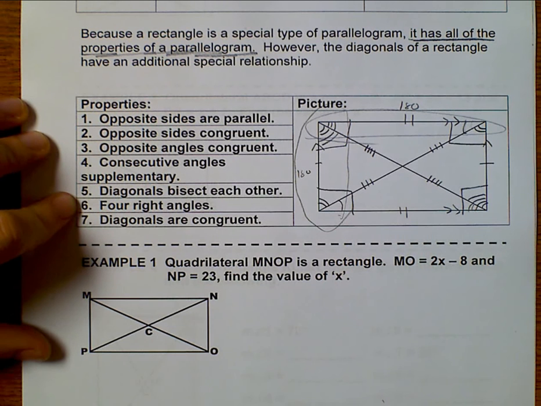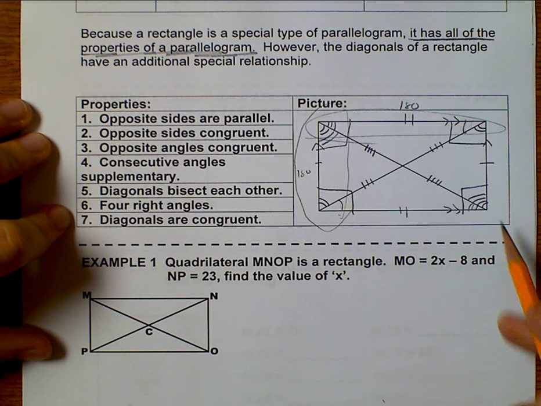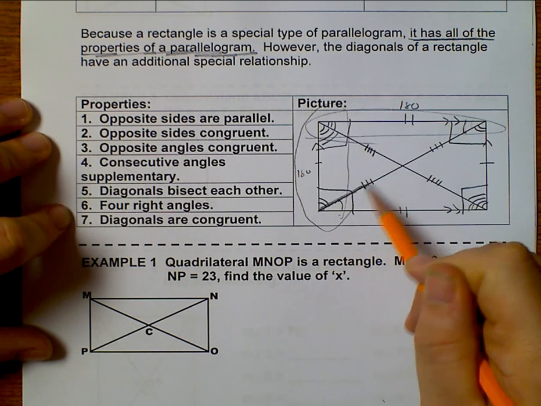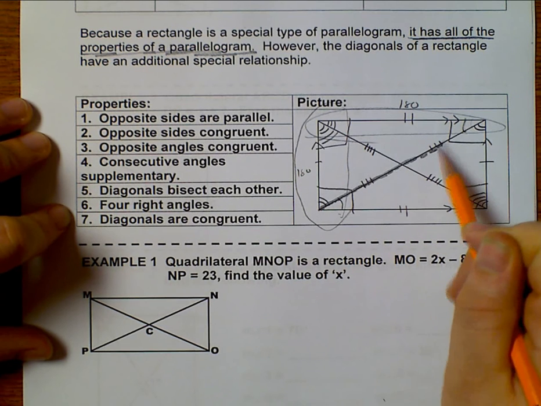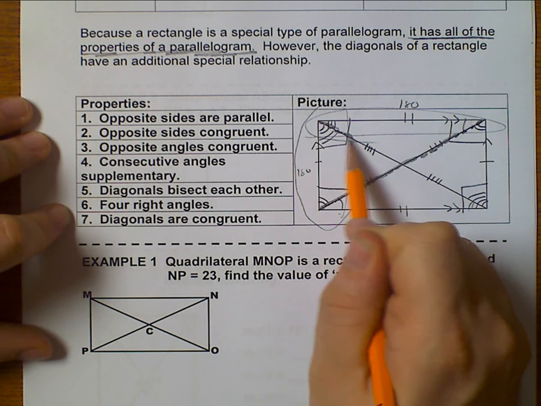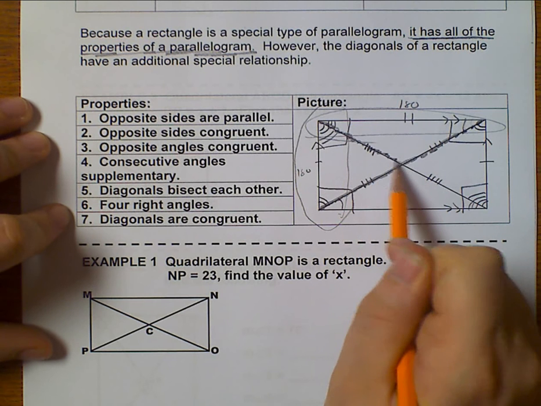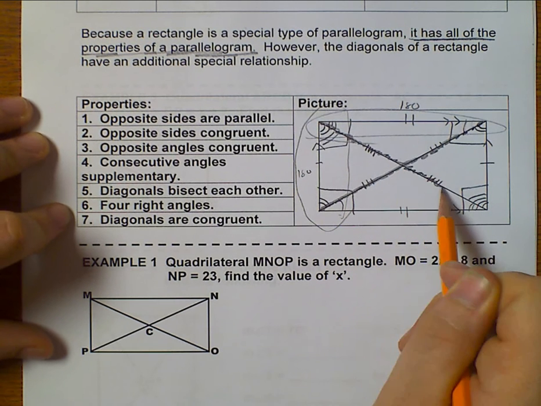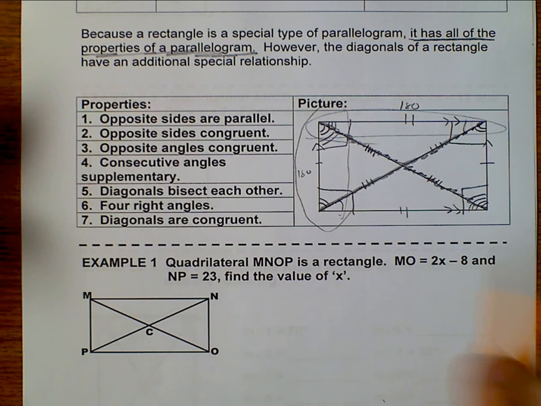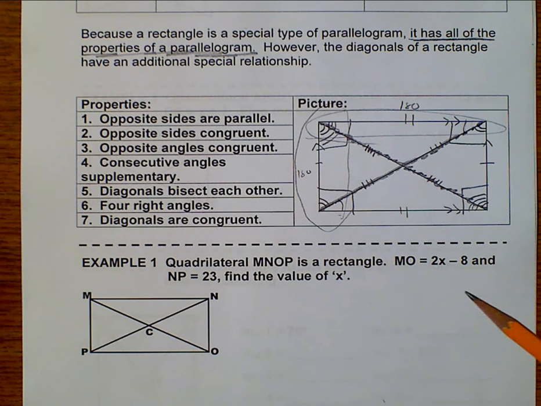And our diagonals are congruent. Okay? However you want to mark that your diagonals are congruent. But all these properties are true of rectangles.